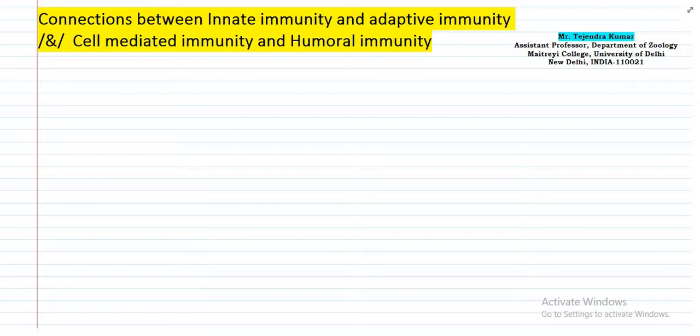All videos are available in this playlist, and you can check them out. Before seeing this video, please go through those videos so that you can understand every concept clearly, and afterwards see this video so you can easily understand the connections between all these immunities.